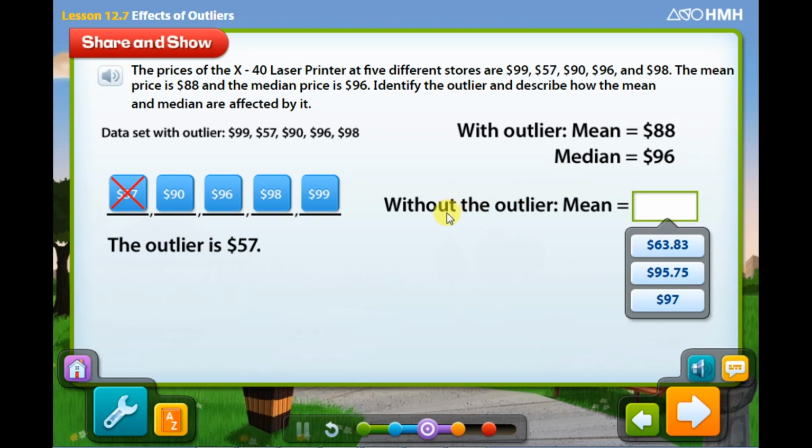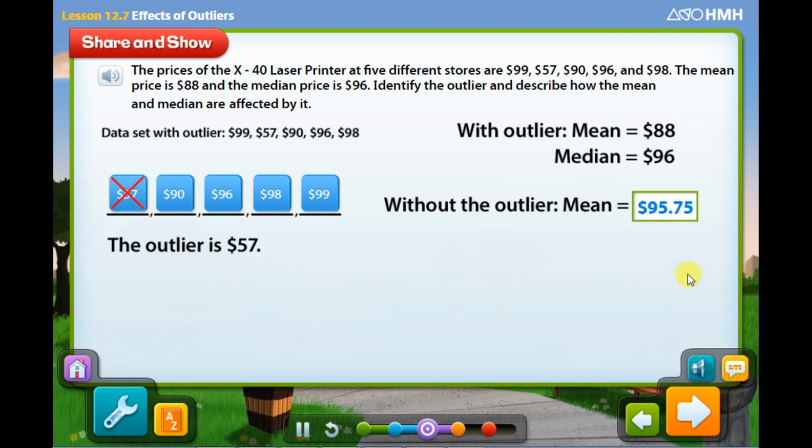So first, without the outlier, the mean is the sum of them divided by how many there are. So the count is 4 now. We will add them and divide by 4. And I guess the answer will be 95.75. Excellent.